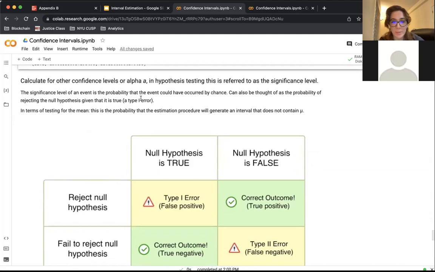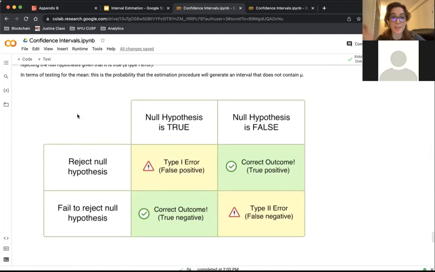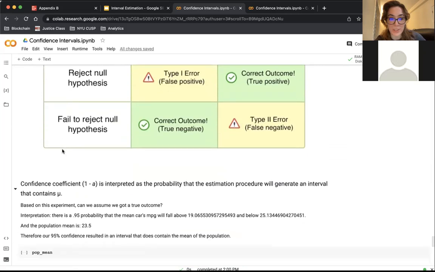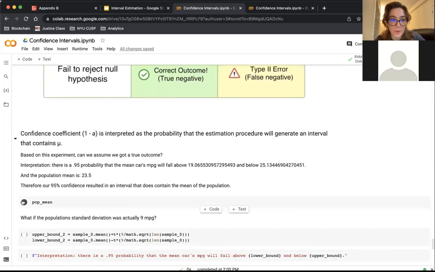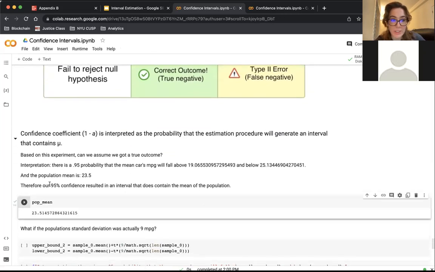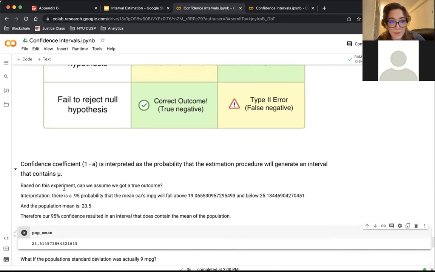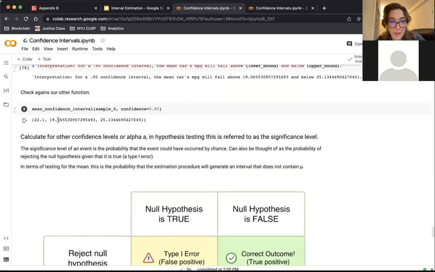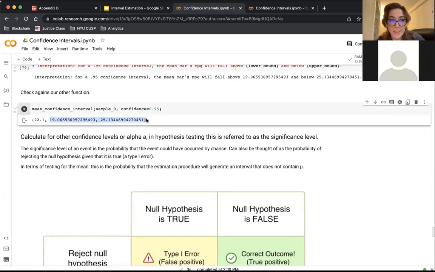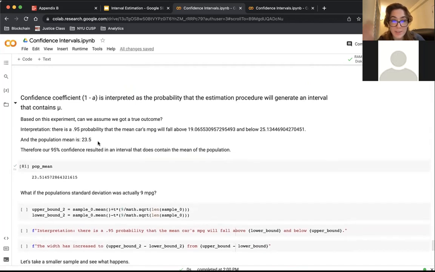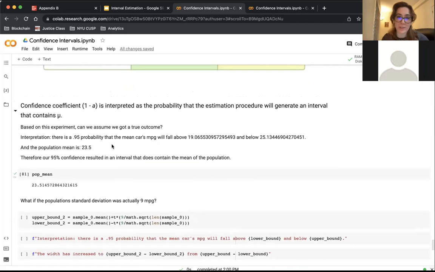And just to bring this back to how we can test this as a hypothesis, in a sense, to say from a sample, is this similar to the population? Let's look at the population mean. Because our interval was between 19 and 25, where the true population mean was 23, we can say we got this right, because we have the population mean to show what the true value was.